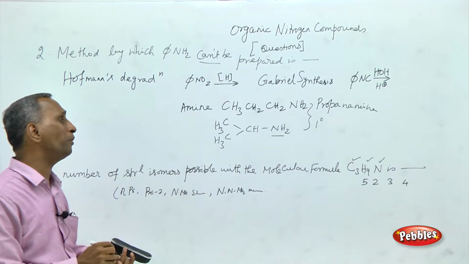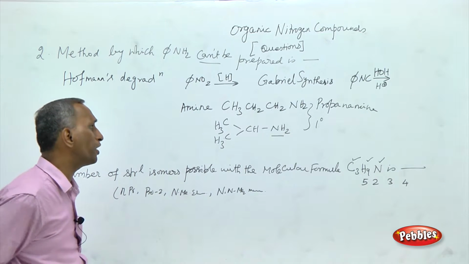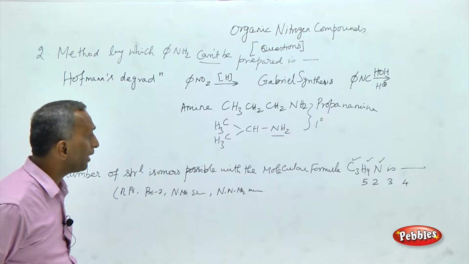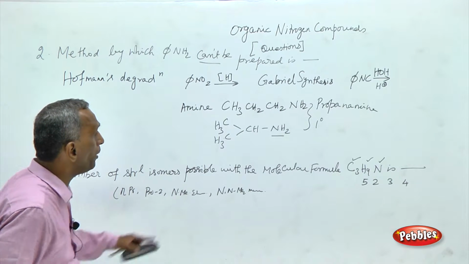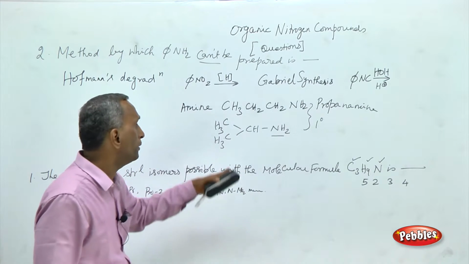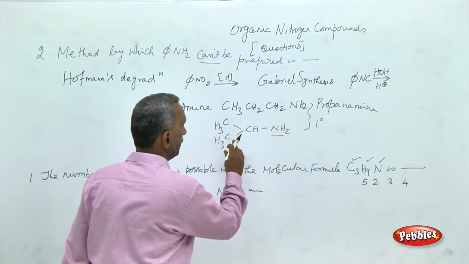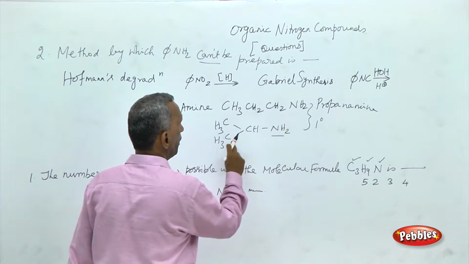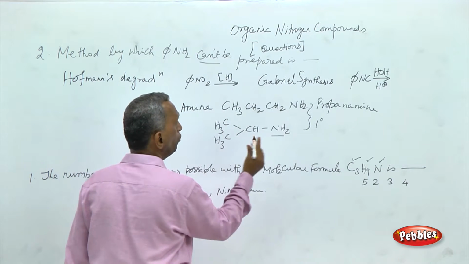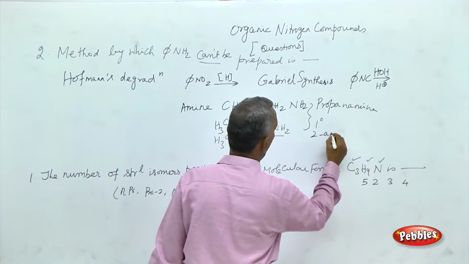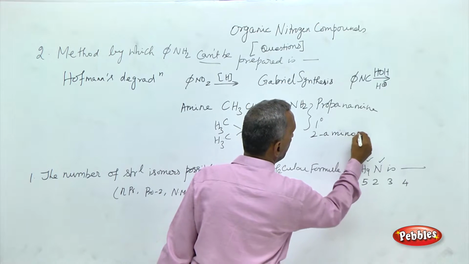Generally for any amine, primary, secondary and tertiary amines will be possible. Here even for the simplest one, primary amine itself, N-propylamine and isopropylamine. If you see the structure of isopropylamine, it is called 2-aminopropane.